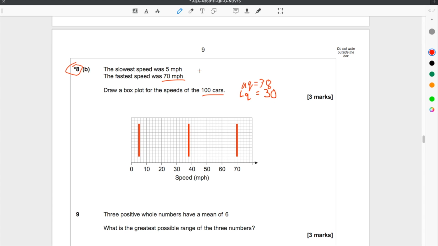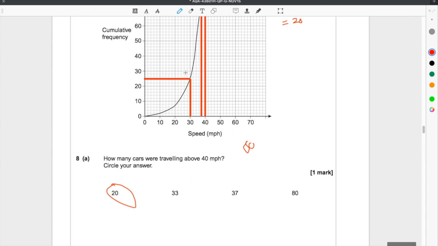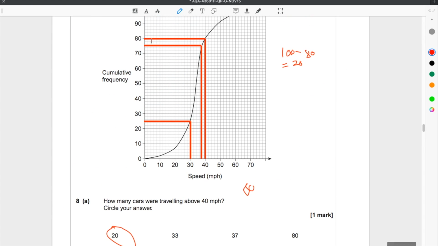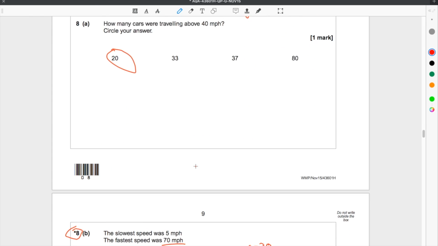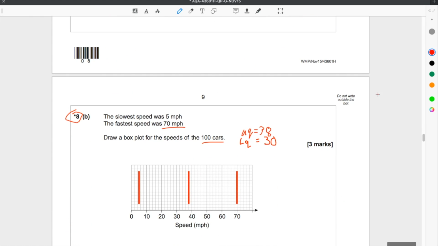And again, if you're doing this on your exam paper, you'll be able to get a clearer answer than I can using these tools, okay? So you want to draw a very accurate line across to the curve and read off the value exactly from the x-axis to make sure you're as precise as possible when calculating your values. So 30 is the lower quartile, which is there.